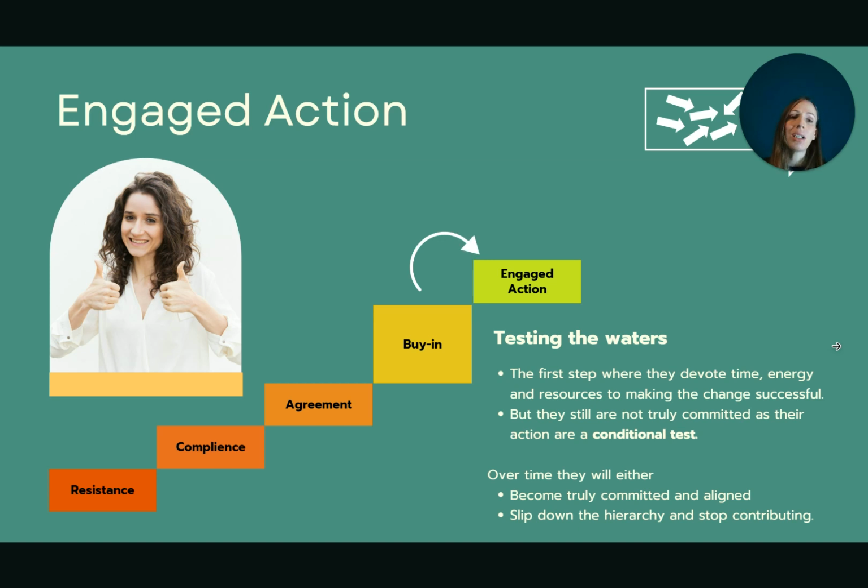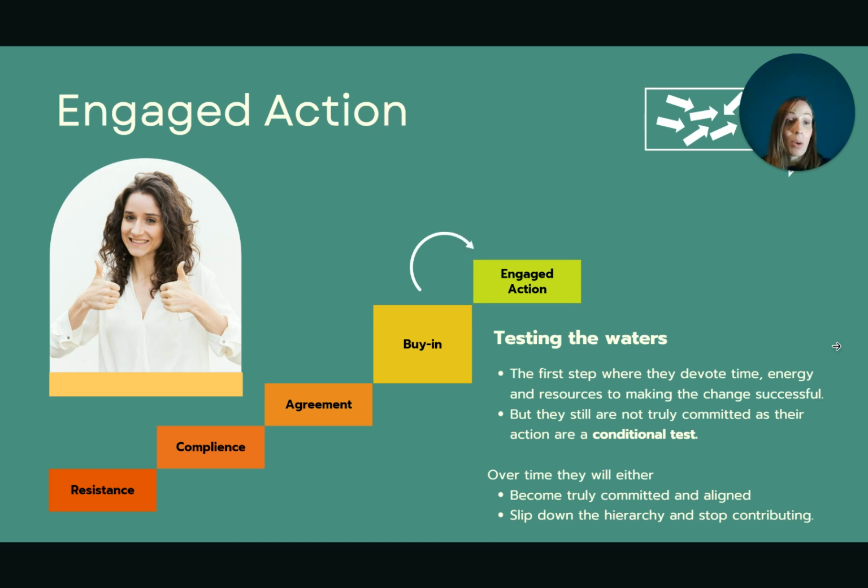And what can happen over time is that they can either move into fully committing and aligning to your change, which is fantastic. That's where you want all your stakeholders, at least the most influential stakeholders that are actually important in driving your change and making it successful.